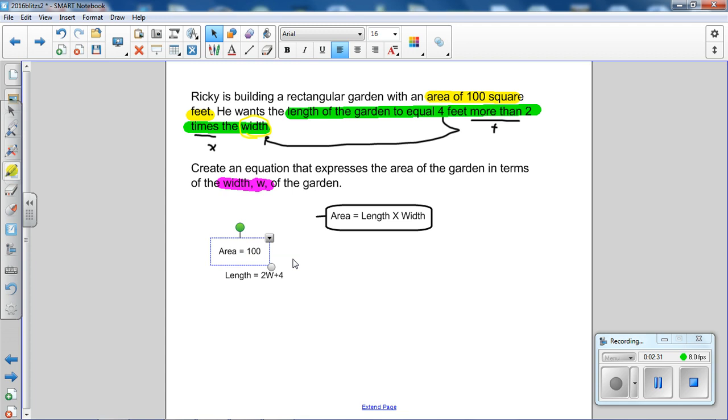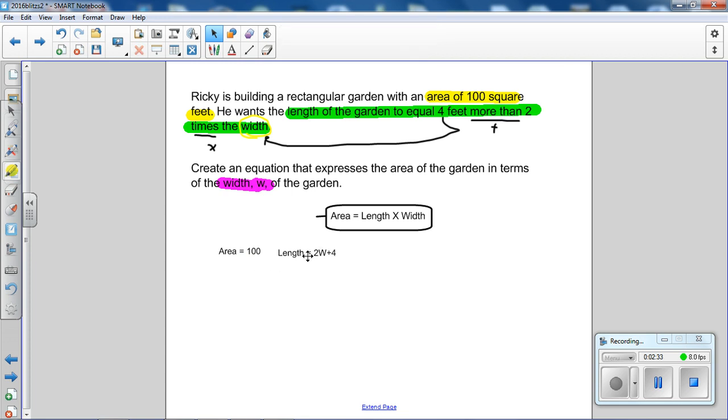We know that our area is equal to 100, and our length is equal to 2W plus 4. Now, we're going to plug this into our formula with the numbers that we have. So instead of the word area, the area is actually 100. And it's going to be equal to, instead of length, we can plug in 2W plus 4.